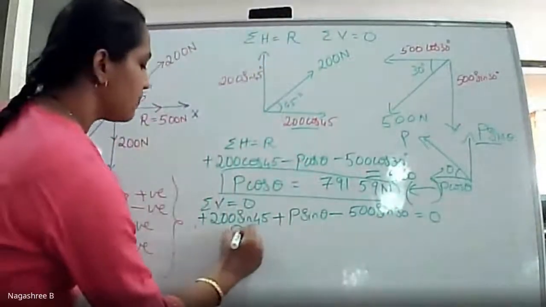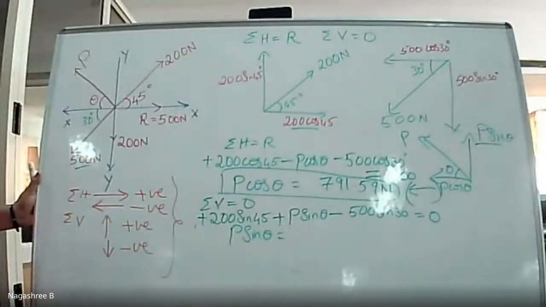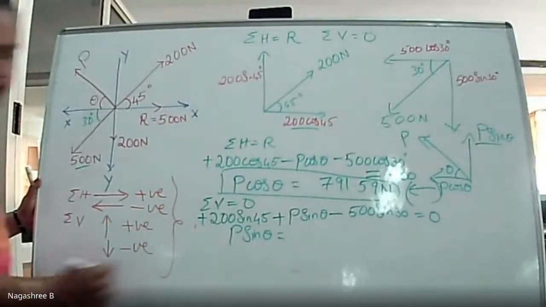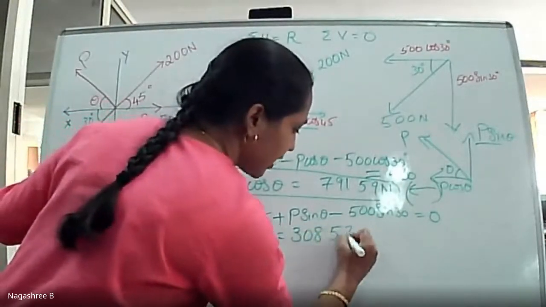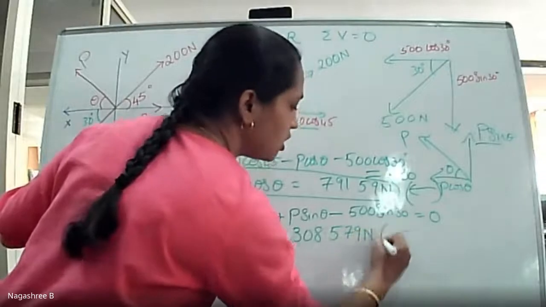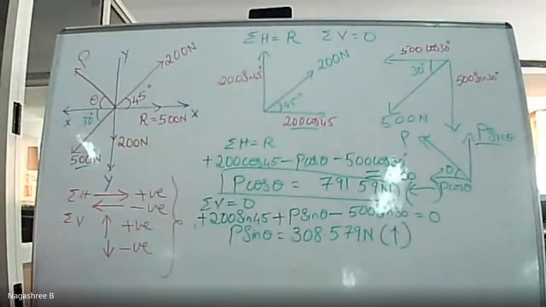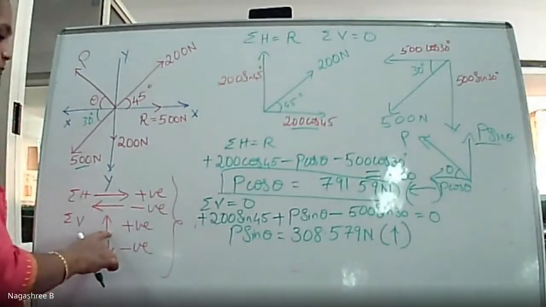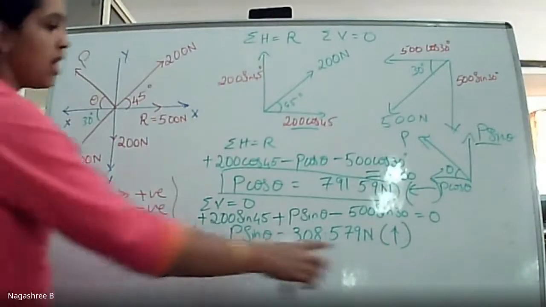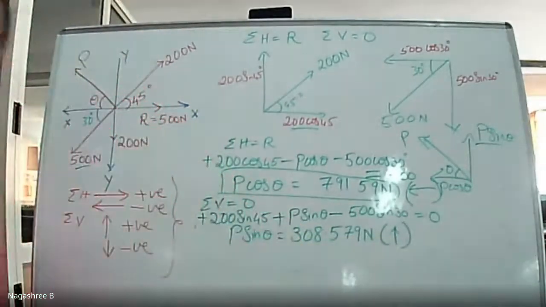After simplifying this, I'll get the value of P sine theta as 308.579 Newton. Since it is a positive value, I can reflect it in the direction. Since it is in the upward direction, I have shown it as the upward arrow here.